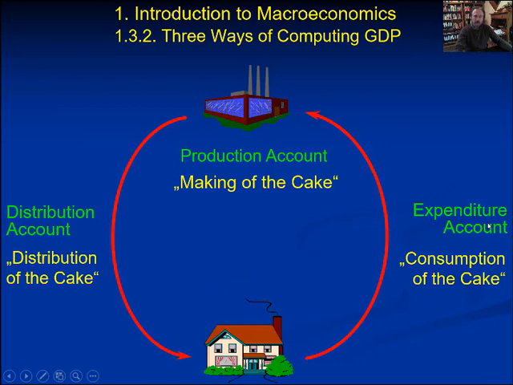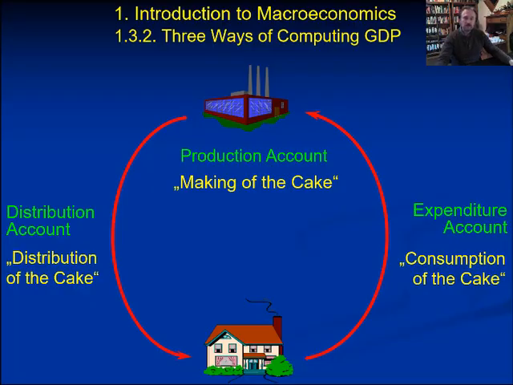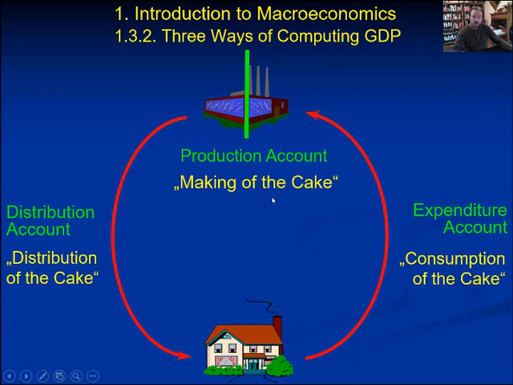If you take a look at our basic circular flow model, we easily can discover why GDP can be calculated in three different ways. The circular flow model describes a closed circular flow. As a result, it should make no difference on what position of this circle we measure the flow. If we calculate the production account, we measure where it is produced, the making of the cake.